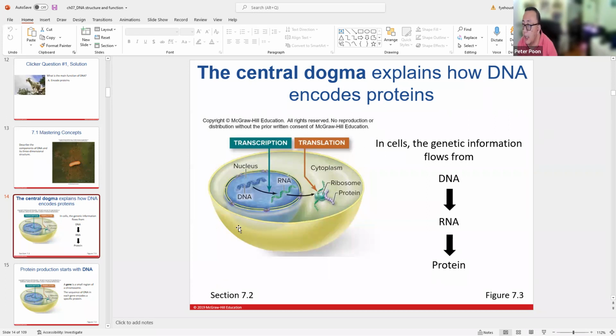In eukaryotic cells, this occurs in the nucleus. Then the RNA leaves the nucleus and is translated in the cytoplasm. That process is called translation because RNA is translated into protein. It's an entirely different language.